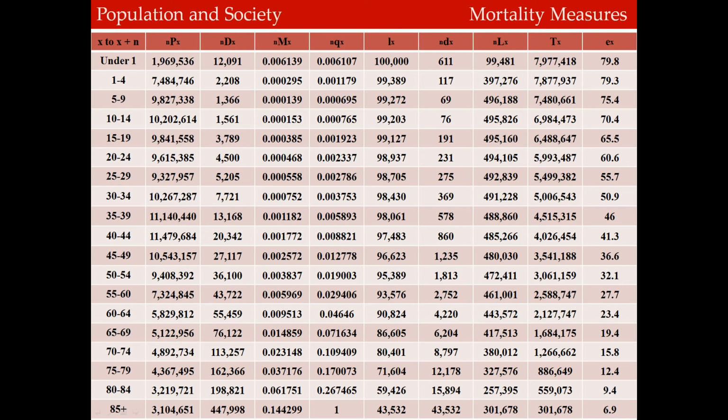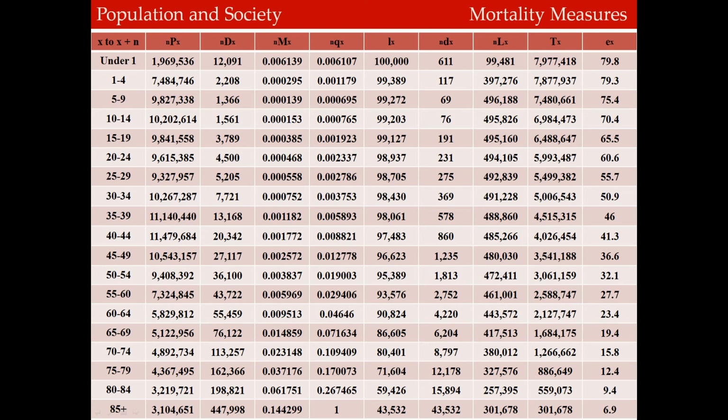So life expectancy at birth is almost 80 years for women in the year 2001 in the United States. We could look at any value and figure out how many more years they can expect to live on average. If we look, for example, at the age range 55 to 60, we see that they can expect to live 27.7 more years on average.